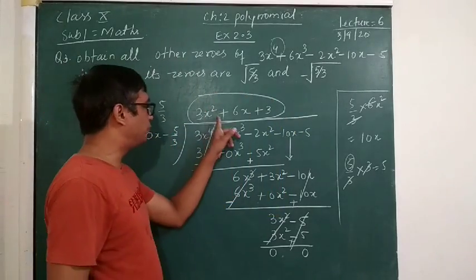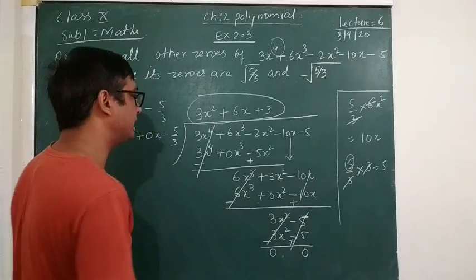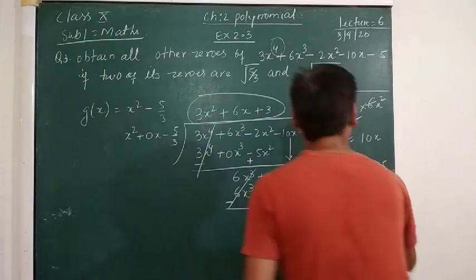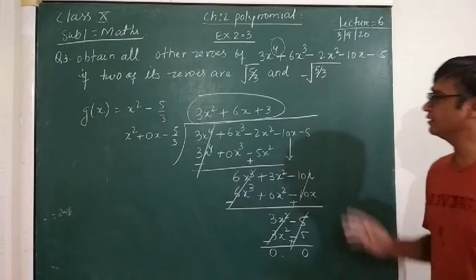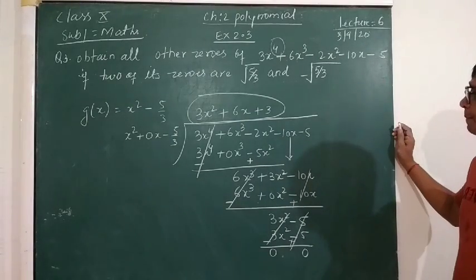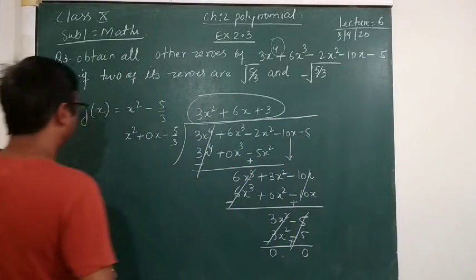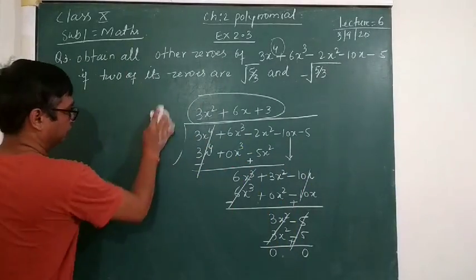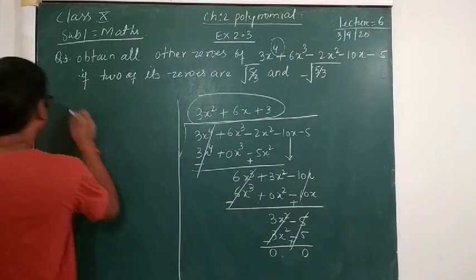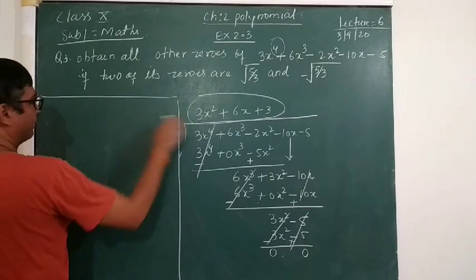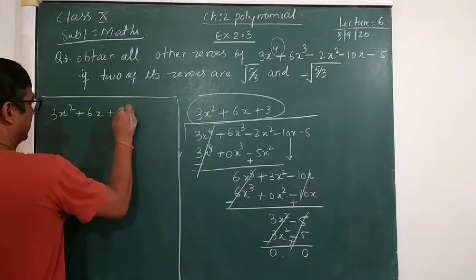Now if you split this quotient, you will get the rest of the two zeros. Now let's see how to split this quotient. Note down for a while. Your quotient is 3x square plus 6x plus 3.